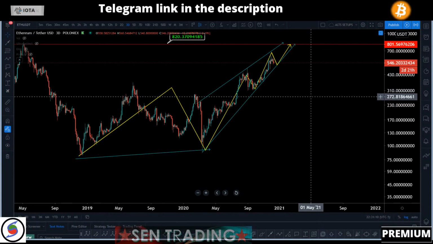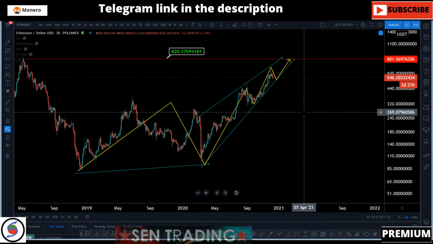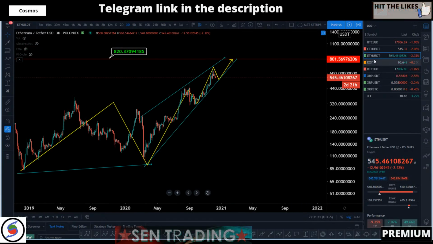I mean, we're going to take a look at alts, but let's go ahead and take a look at Ether on the lower degree.